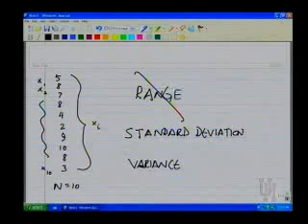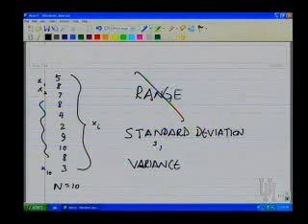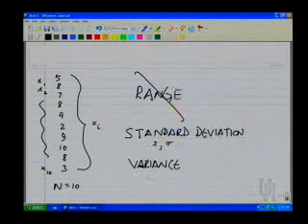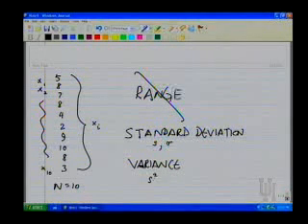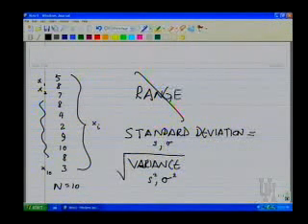The standard deviation of a sample is indicated by the letter S. The standard deviation of the population by the Greek letter sigma. Variance is S squared or sigma squared. That is, the standard deviation equals the square root of the variance.